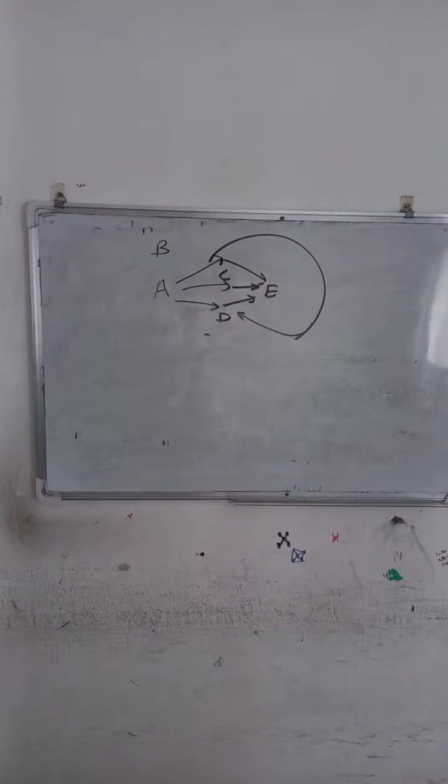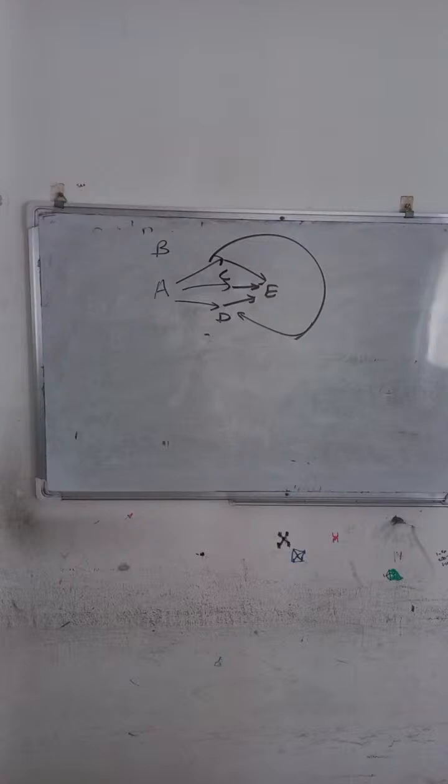A, forest; B, garden; C, mountain; D, desert. So which is the artificial ecosystem here? Garden, no? Garden is an artificial terrestrial ecosystem.